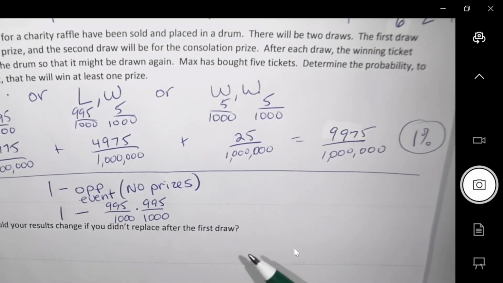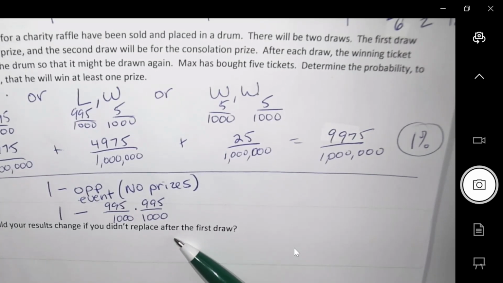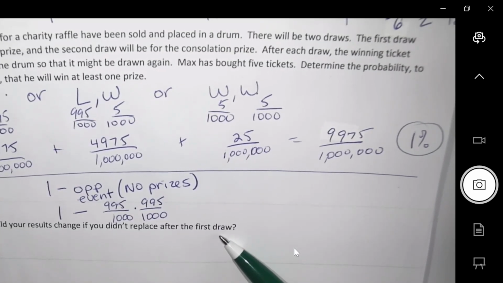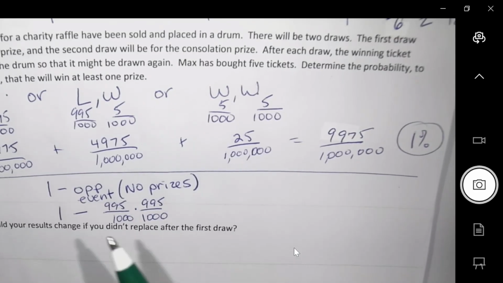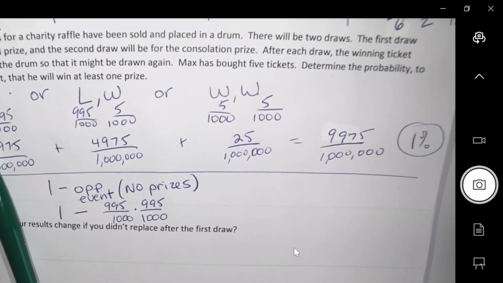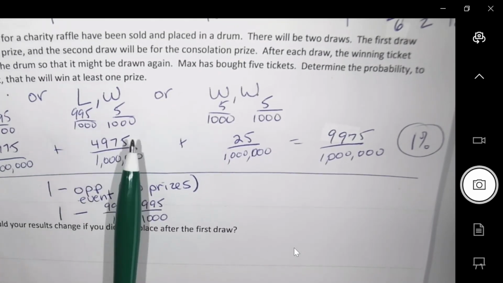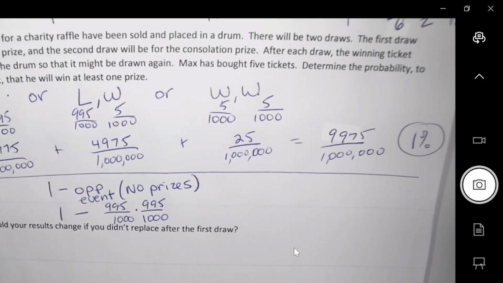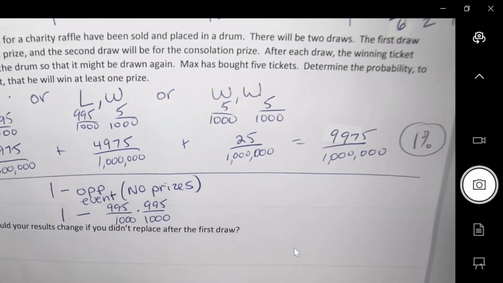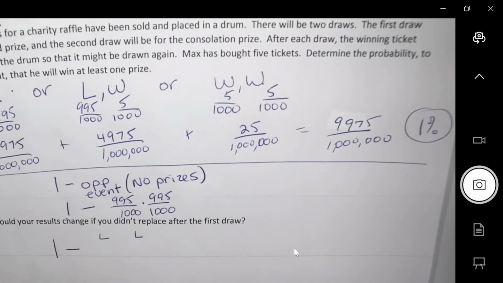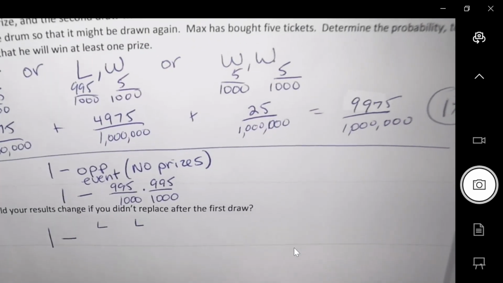So what if we did this where we didn't replace the first draw? What would change? Then you would have to change this to 999, okay, and you would be taking down your numbers. Okay, so let's try it with the lose-lose situation.